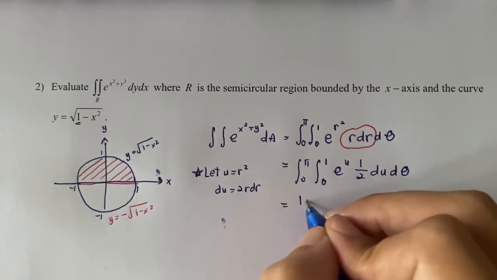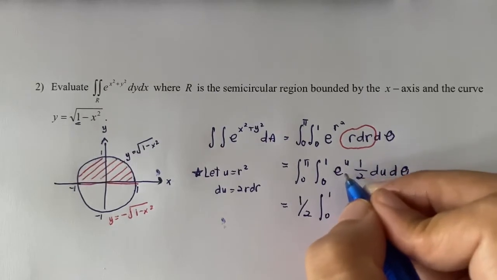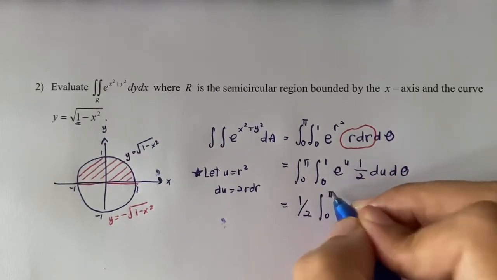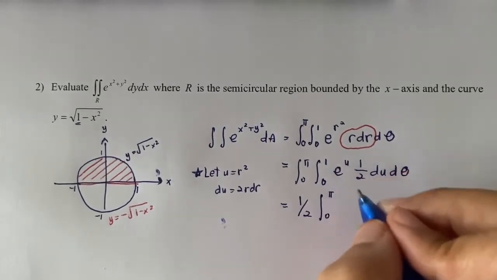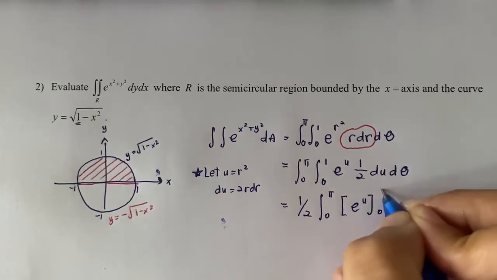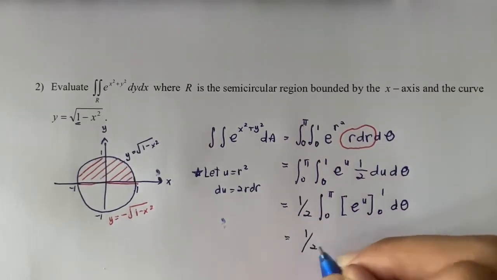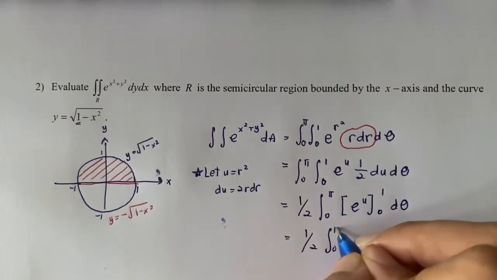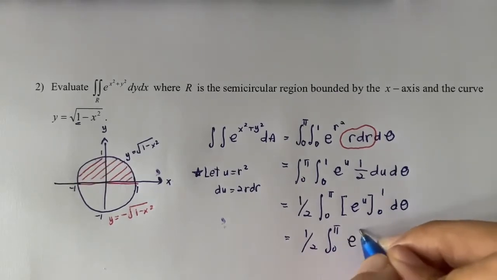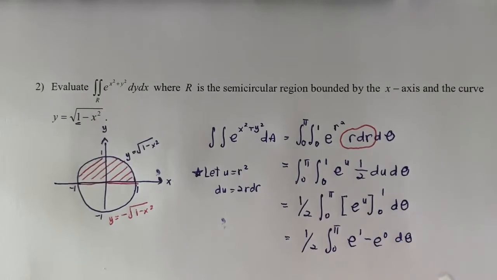So I have 1 over 2 here, and then 0 to pi, integrate e to the u from 0 to 1 d theta. So I have 1 over 2, 0 to pi, e to the u is e to the 1 minus e to the 0 d theta. e to the 1 minus e to the 0 is constant.